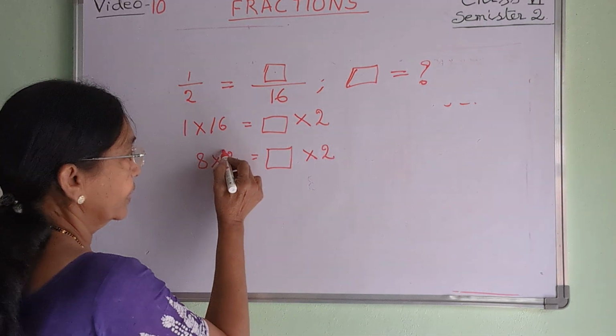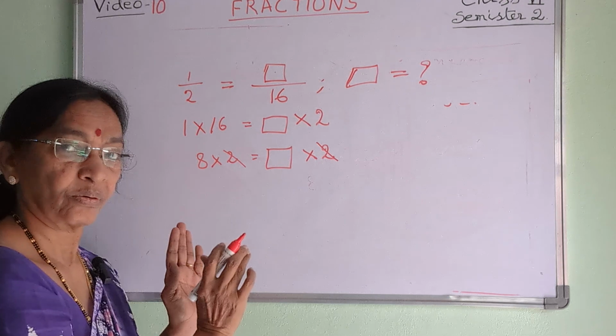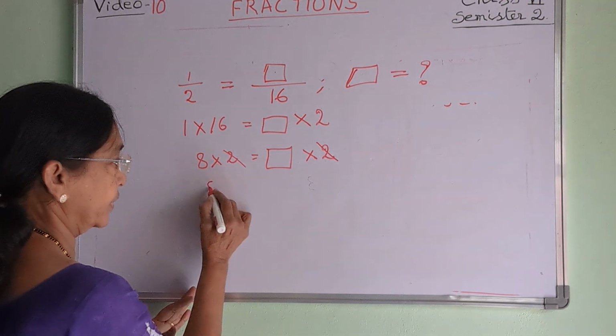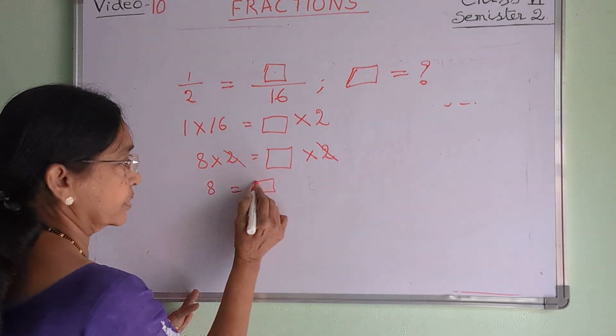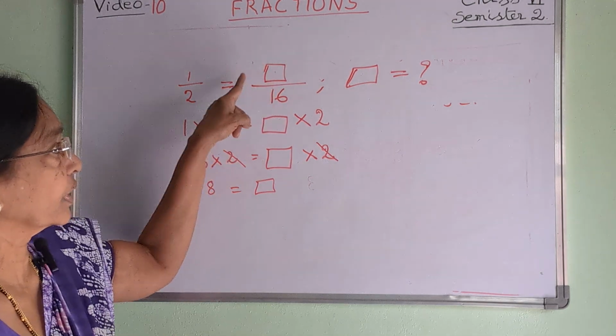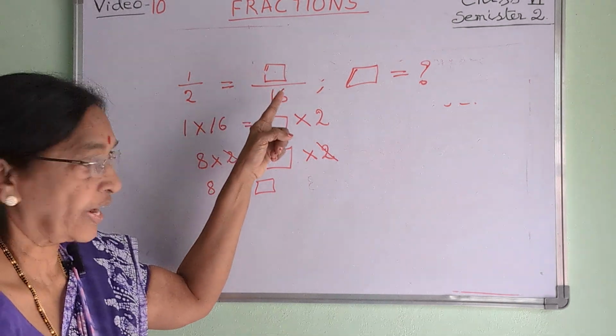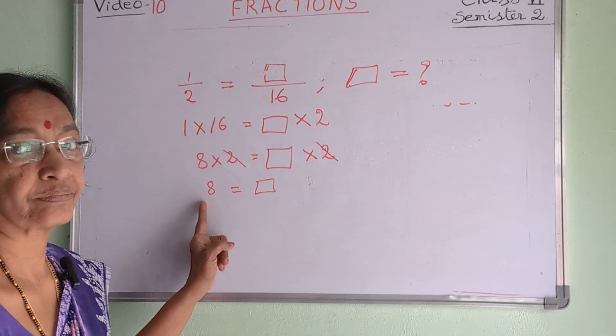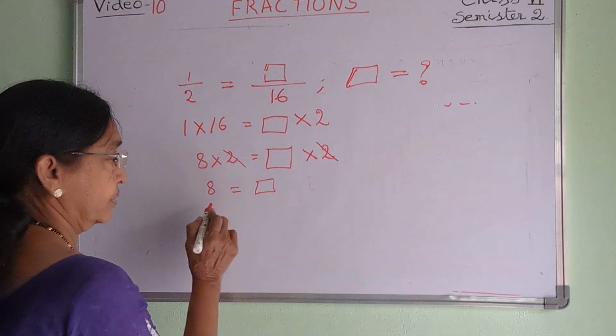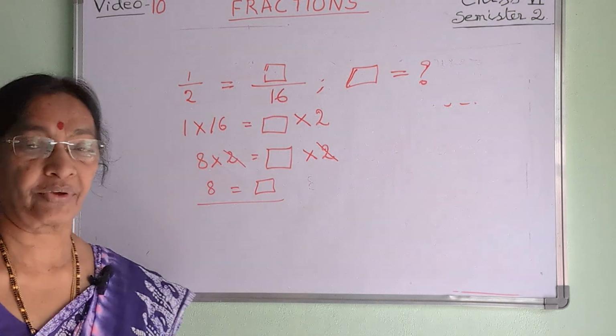So 2 gets cancelled, or by observation we can know 8 is equal to this box. That is the unknown number. The numerator of the second fraction is 8.